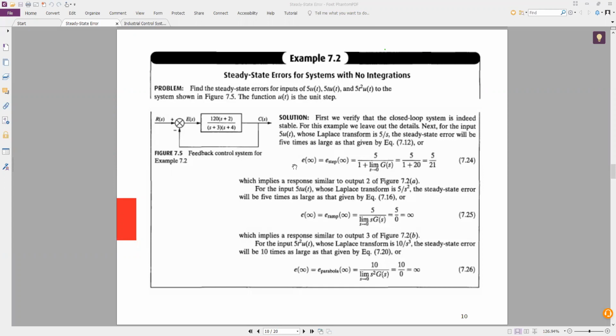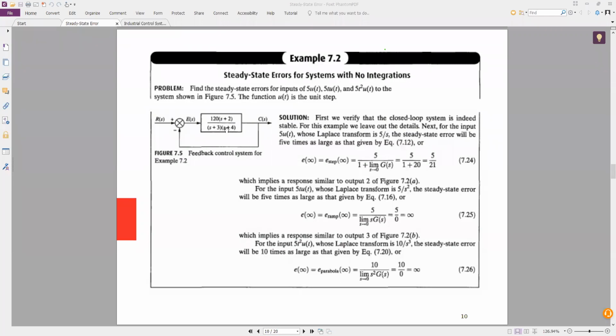So now see, for the step input, 5 divided by, see, 5u(t), that's why this comes as 5 over 1 plus limit s tends to 0 G(s). So G(s) is equal to what? Here put the value s equal to 0.